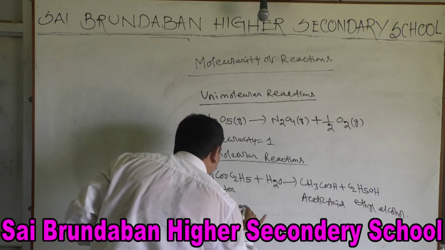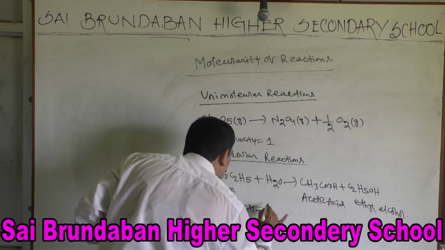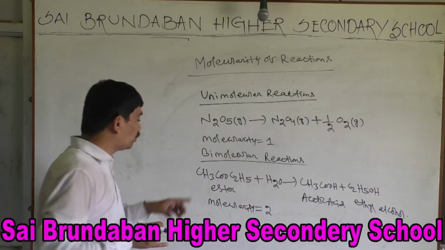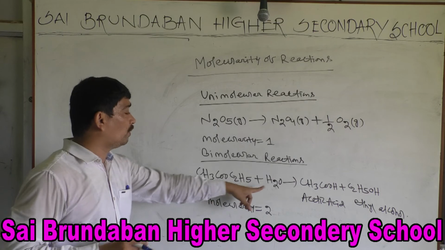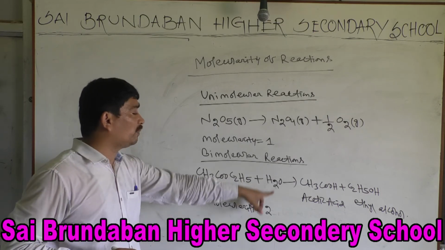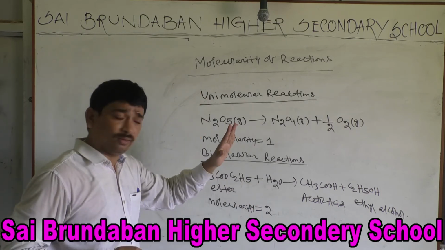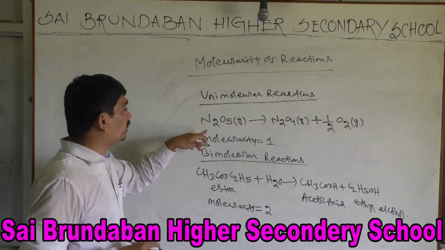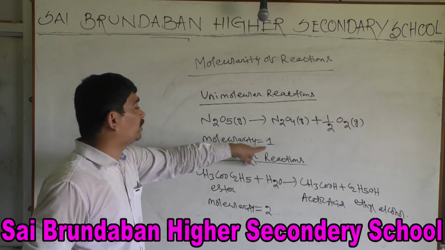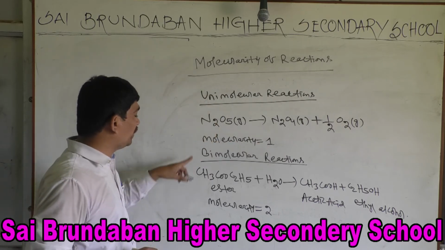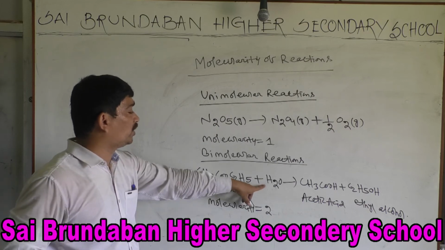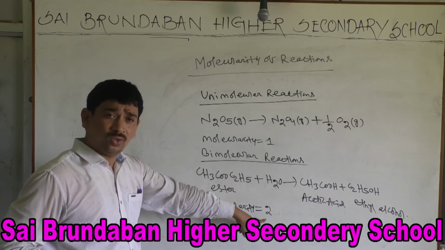Molecularity is 2. Coefficient of ester is 1, water 1. Molecularity is 1 plus 1, that is 2. Clear? In a unimolecular reaction, coefficient is 1, so molecularity is 1. In a bimolecular reaction, here coefficient 1, here coefficient 1. Molecularity is 2.